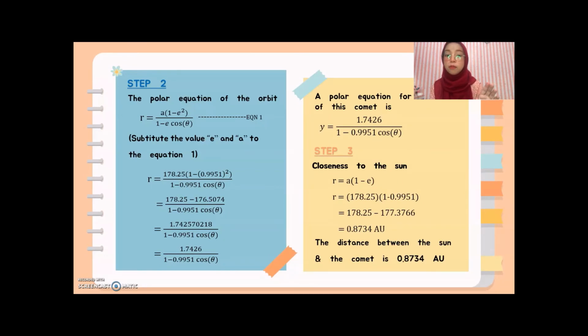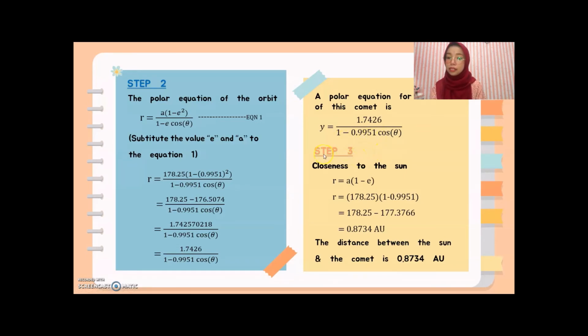We just substitute into this equation, then we get the answer for r. So the equation for the orbit of the comet is r equals 1.7426 divided by 1 minus 0.995 cos theta.